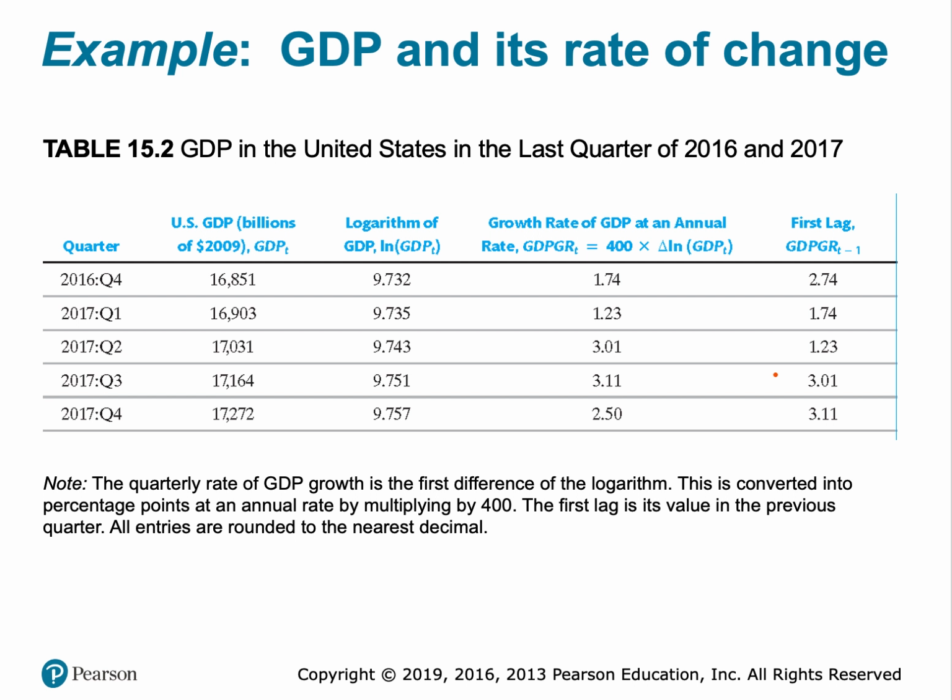And in this last column we have the first lag of the GDP growth rate. Do note that the quarterly rate of GDP growth is the first difference of the logarithm. This is converted into percentage points at an annual rate by multiplying by 400. The first lag is its value in the previous quarter, and in this table we have rounded all entries to the nearest decimal.